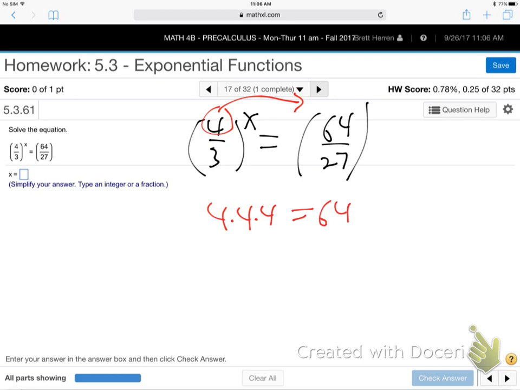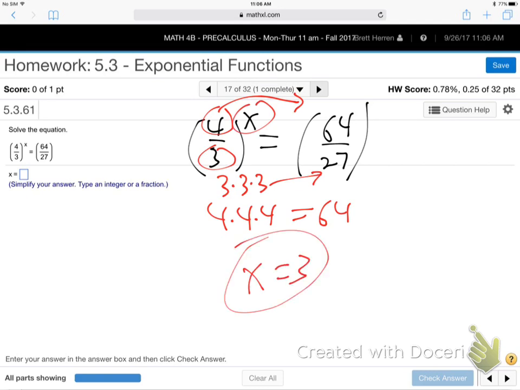Try calculating 4 times 4 times 4. Does that work for the 3 as well? Is 3 times 3 times 3 27? Yeah. So what's that power need to be? 3. We're done. That's all you really need to do on that one. Kind of calculator observation. I'm not going to do any big fancy method on that one. All right, let's go on.